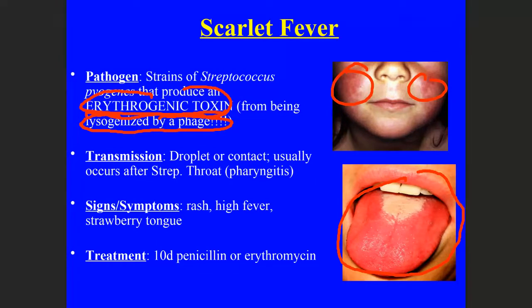Okay, it causes the tongue to get red like this and look like a strawberry. The treatments for scarlet fever are the same as just regular strep throat. So 10 days of penicillin, or erythromycin if a person is allergic.